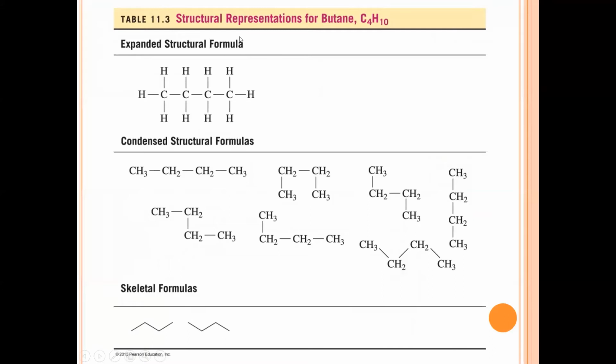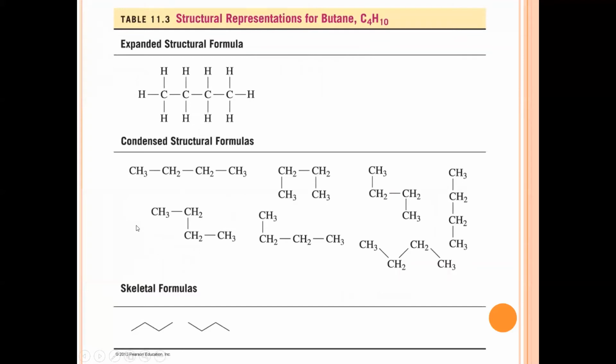So here is butane. Butane just has 4 carbons together. However, I could draw the condensed structural formula in a variety of ways. The main thing here, what's most important, is that it's just the longest chain of carbon that dictates the name. So as much as you might want to say, oh look, Melanie, this must be ethane with two groups attached, or this must be propane with 1 group attached.